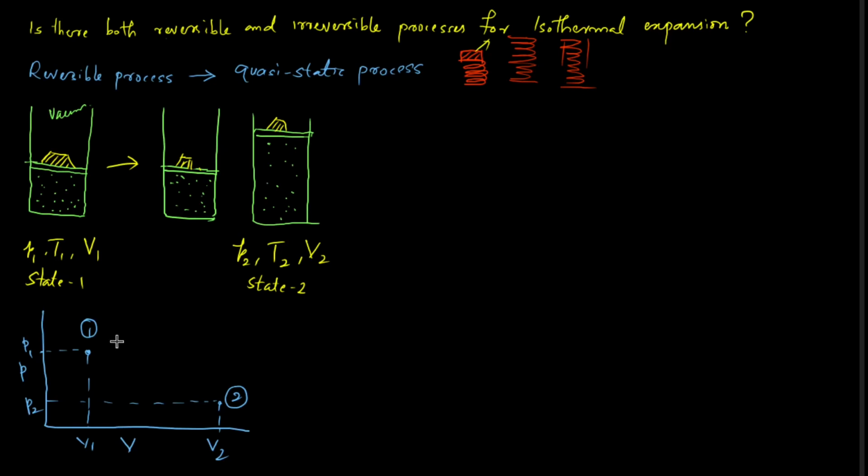In fact, there is no way of knowing it. You only have state 1 and state 2. We don't have any intermediate points between state 1 and state 2, because this type of process happens in a split second. So the system is in equilibrium, then not in equilibrium.